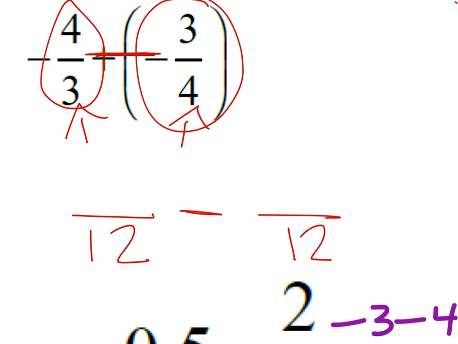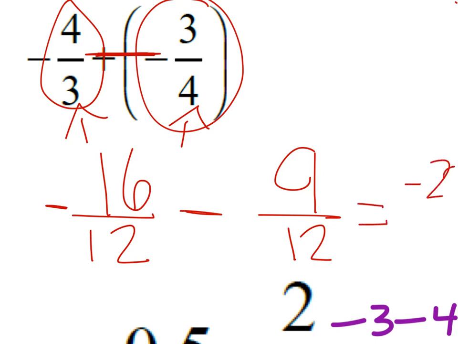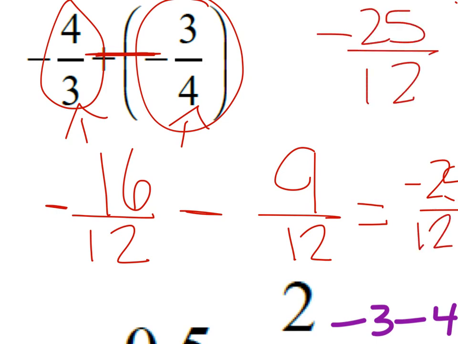And then this one would be 16, but you can't forget this is a negative. And then this one is 9, and that equals -25/12. So the answer is -25/12. Can it be simplified? No. Yeah, very good. Excellent work.